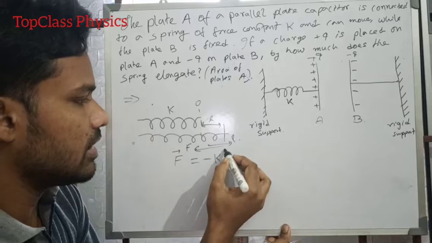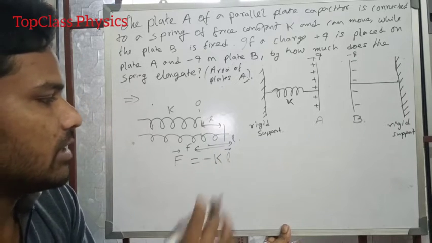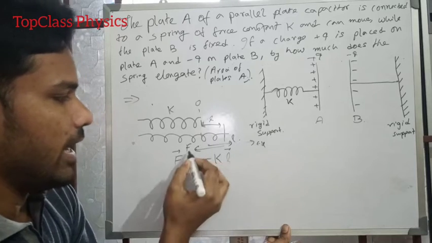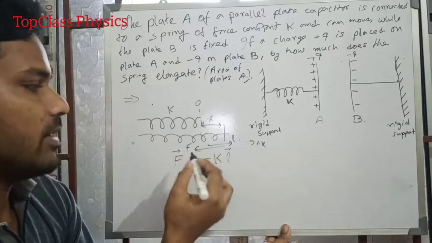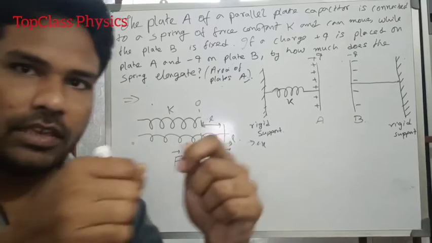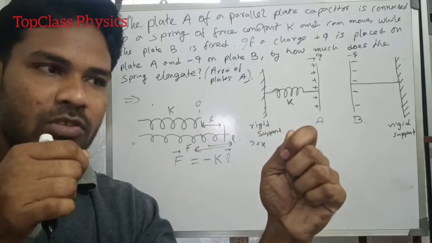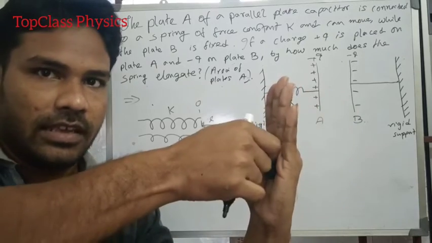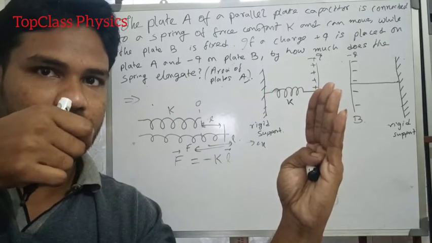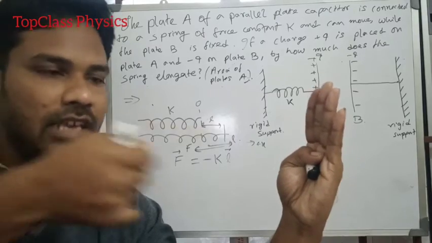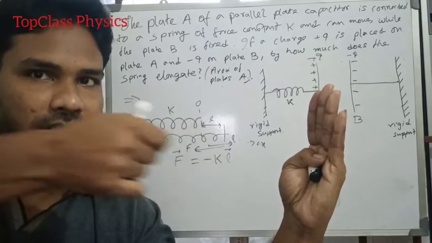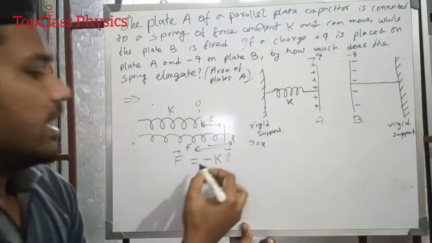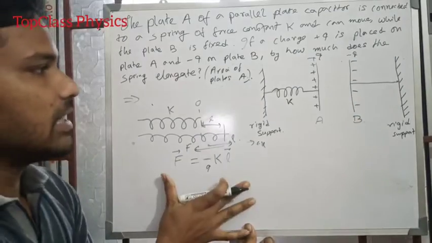The force is a vector quantity, and if L is in the positive X direction, the force direction is in the negative X direction. If I stretch the spring like this, with this being a fixed point, the force applied by the spring is opposite to the elongation. That's why the negative sign will come. Okay, this is one concept.